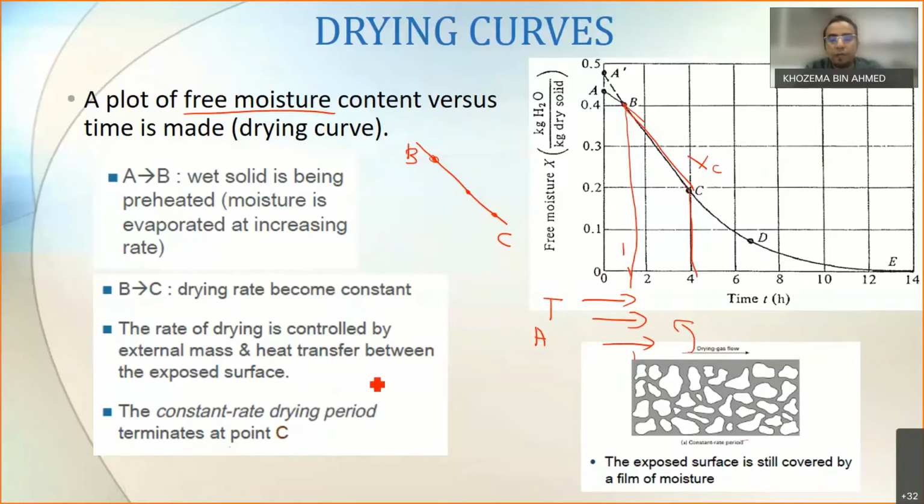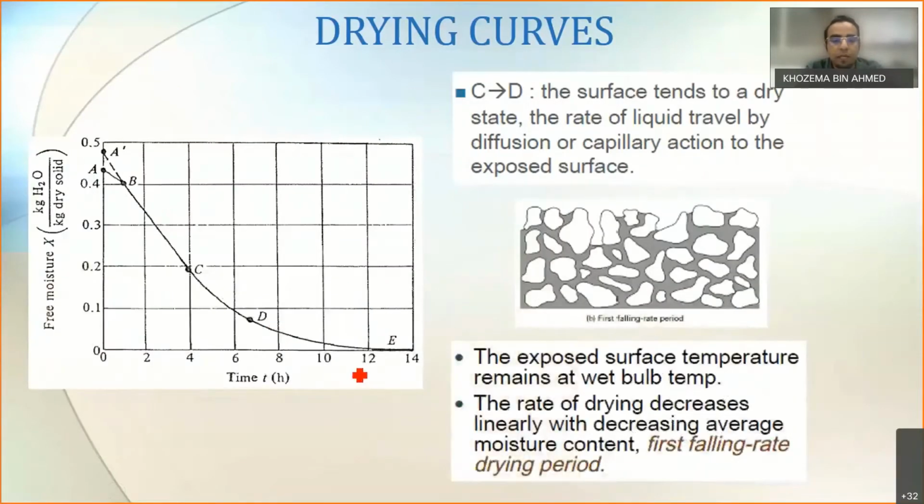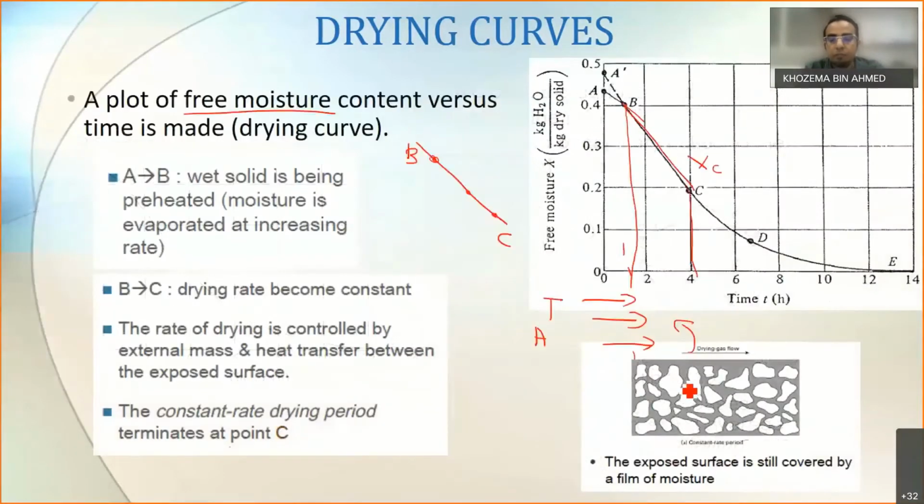We define the critical moisture content as where your constant drying rate ends and your falling rate begins. At your critical moisture content, almost all the water on the surface has been removed into the air.